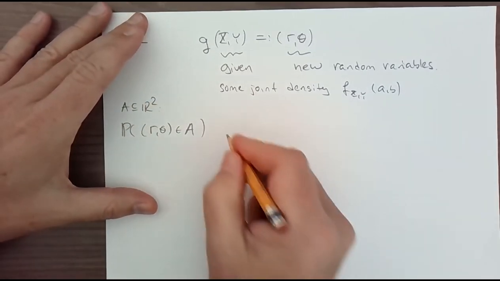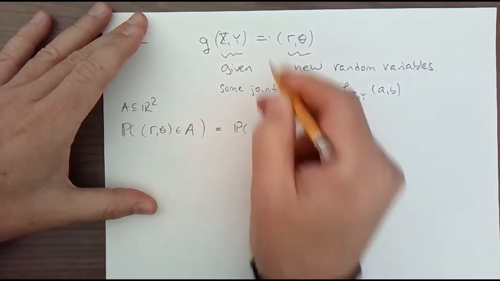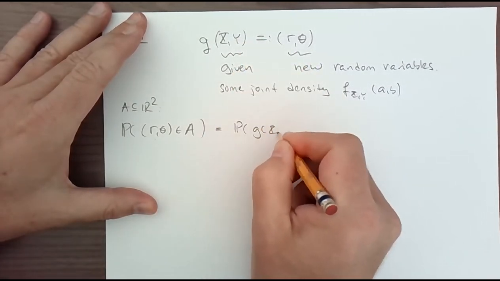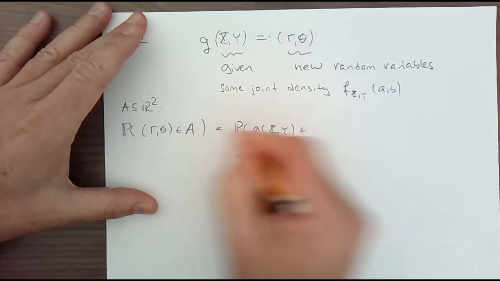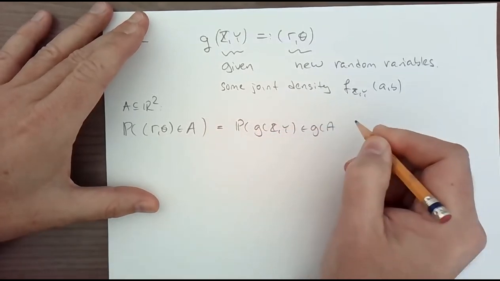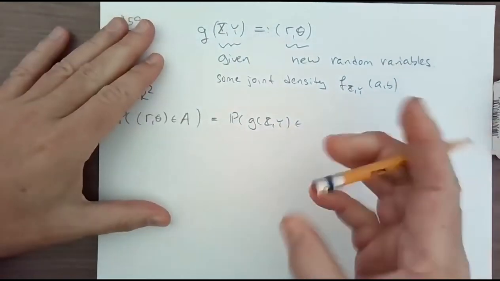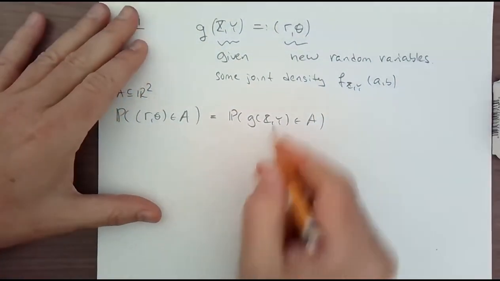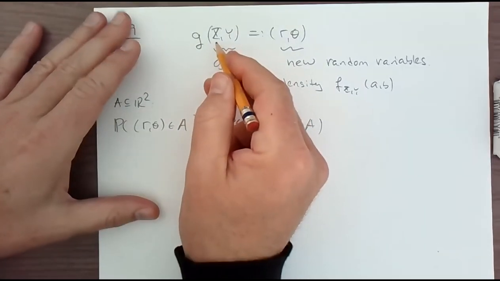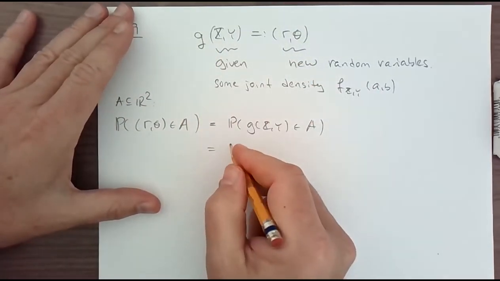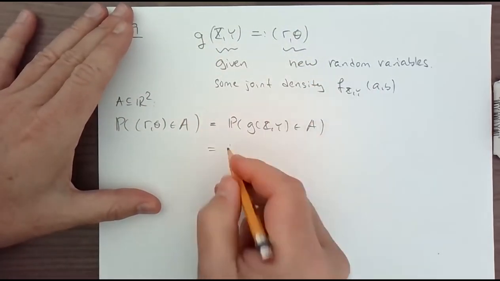Okay, so I'll write this here as the probability that g of (x, y) belongs to, say, g of A. I have moved the function. This function here is invertible, so we'll be able to move g to the other side.